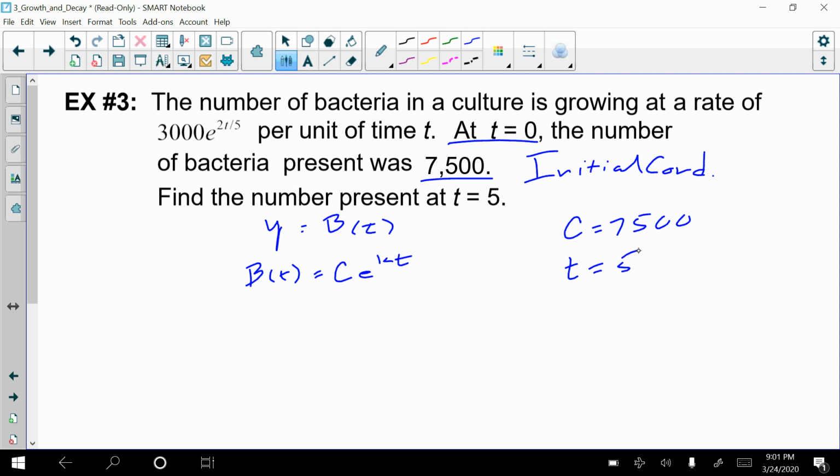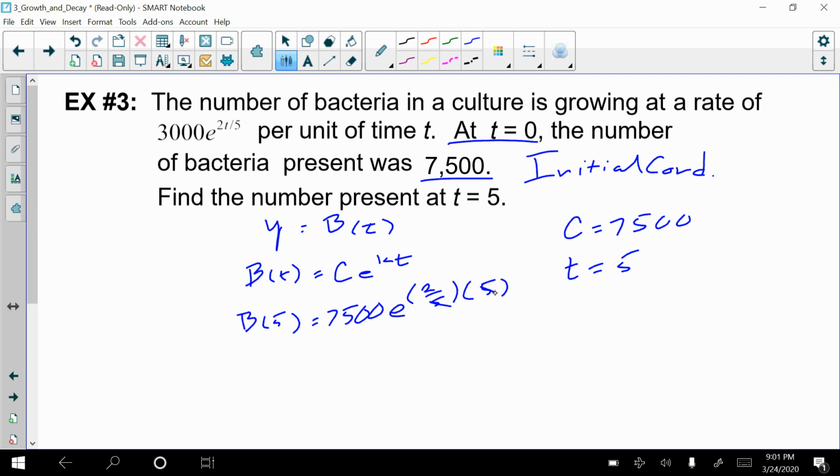We're just looking for the number of bacteria, so this will be a simple plug and chug exercise. So I'm going to say B of 5 will be equal to 7,500 times e to the, and we know the k power that was given to us, so that will be 2/5, that's k, and t is 5, so the 5's simplify to be 1.